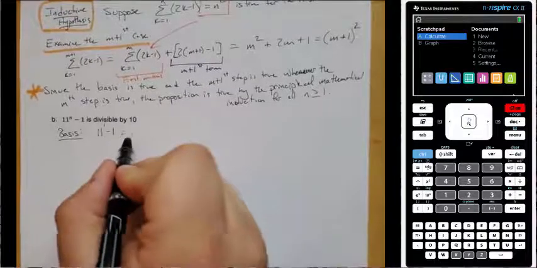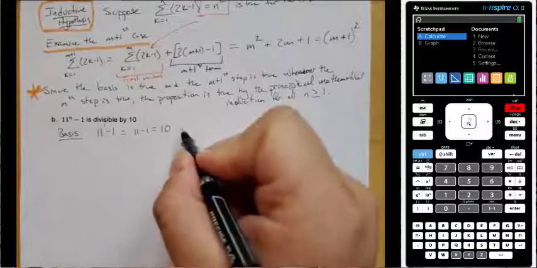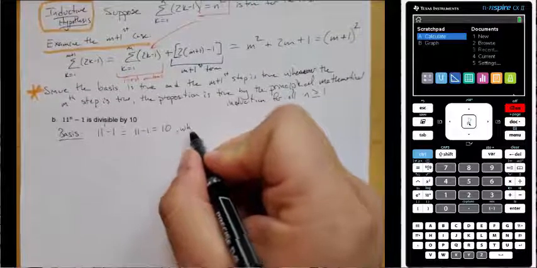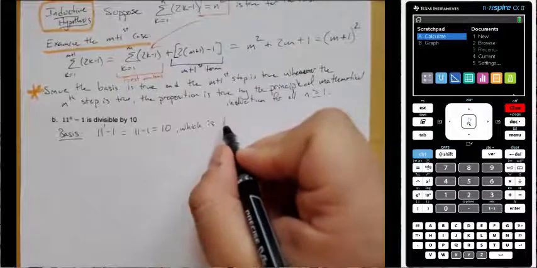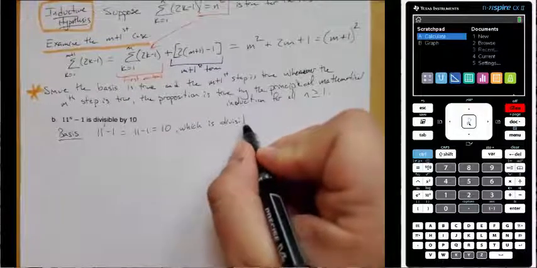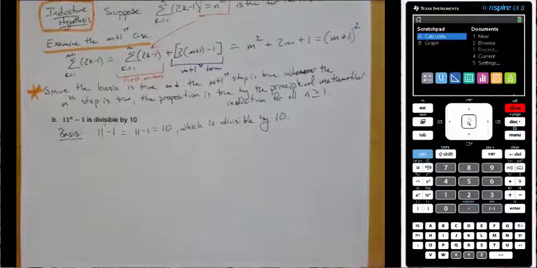And this is 11 minus 1, which equals 10. And 10 is clearly divisible by itself. So the basis holds.